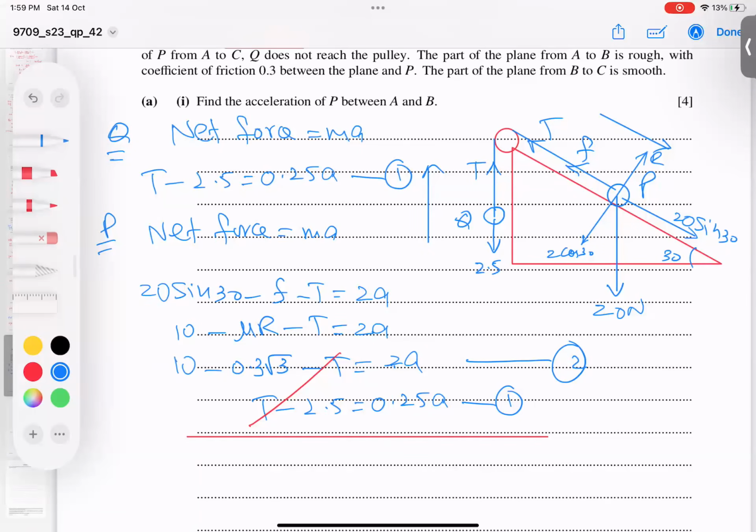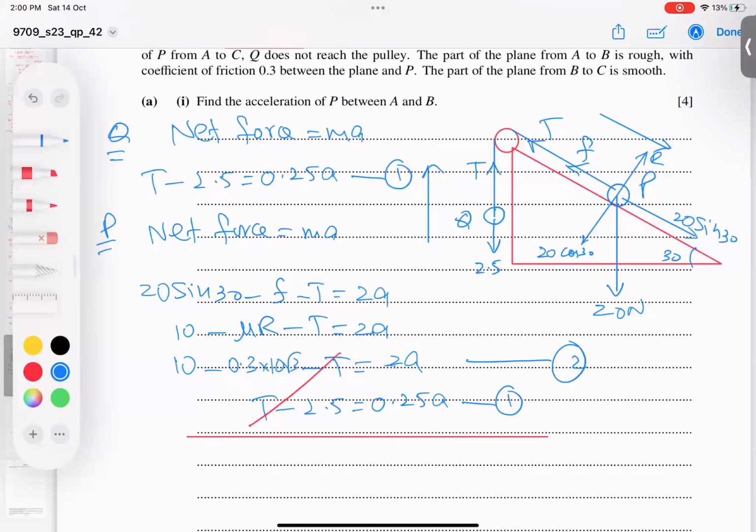So 10, and one more thing. This is also 2, not 20. So R value is changed. So mu is 0.3 for sure, and root 3 by 2, so into 10 root 3. Yes. Okay. All right. So now I type in the calculator.